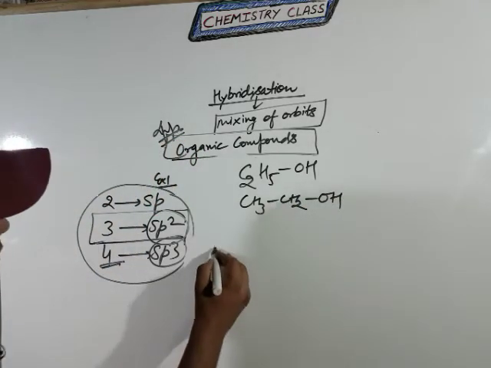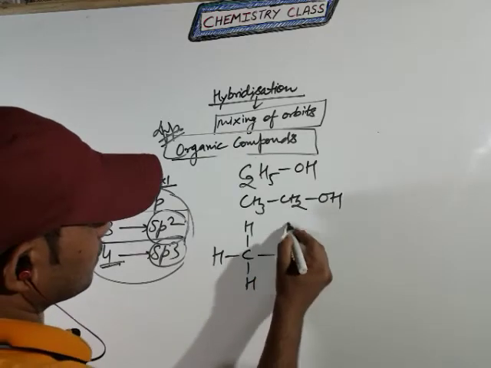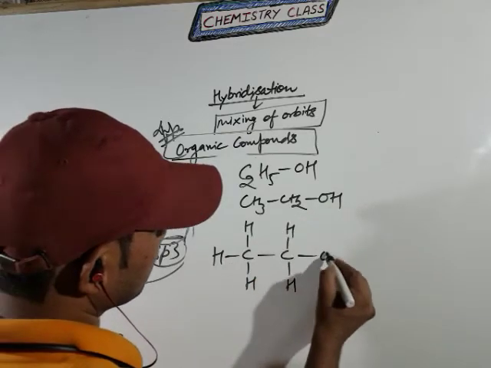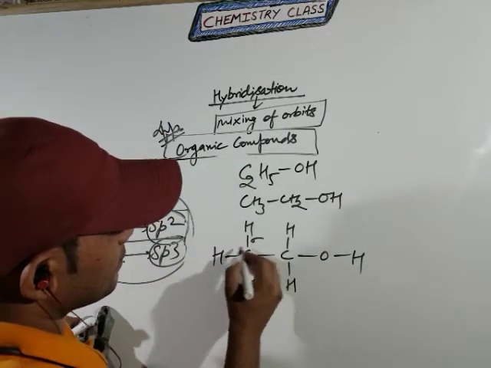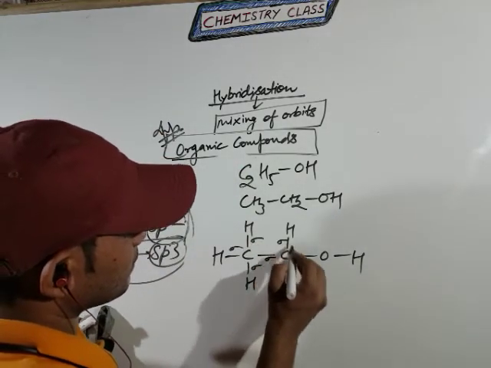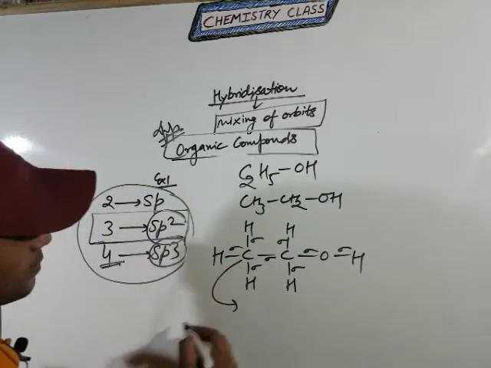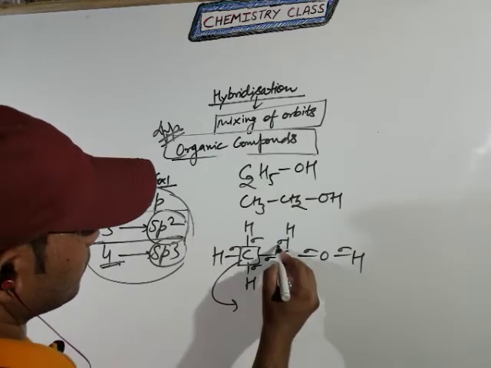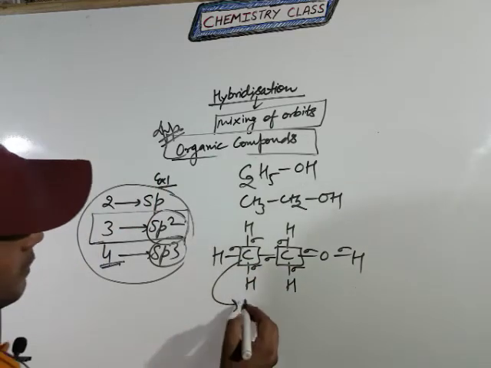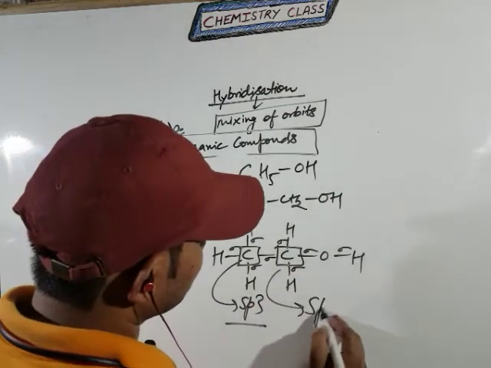If you make the structure of this molecule, it will come like that. So students, sigma bond means single bond. First you represent the sigma bonds. Clear? So in this case how much is the total bond? 1, 2, 3, 4. The nearest sigma bonds to the central atom are 4. That's why the answer is sp3. In this case also sp3.